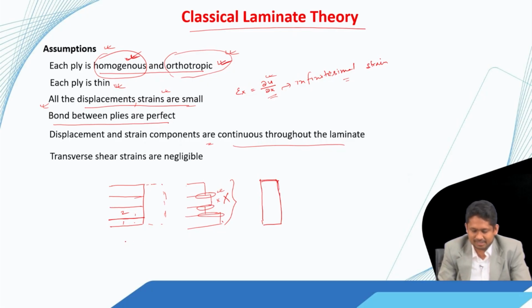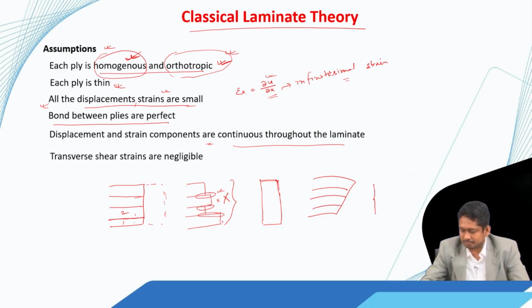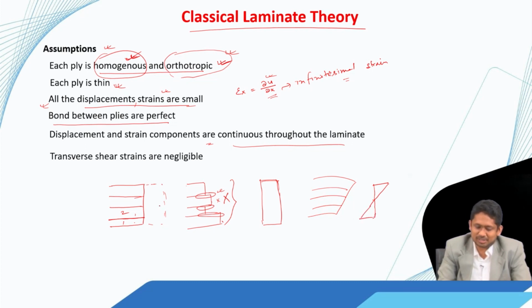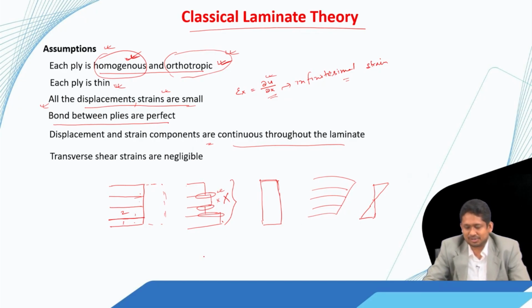If it is experiencing bending, then variation of strain would look like this qualitatively. That means, the strain also does not jump between two layers, the strain has to be continuous, and later on we will see that if the strain has to be continuous, the stresses have to be discontinuous, and we will see that.